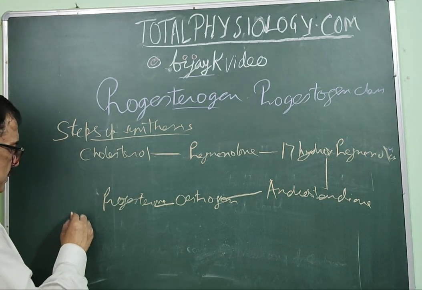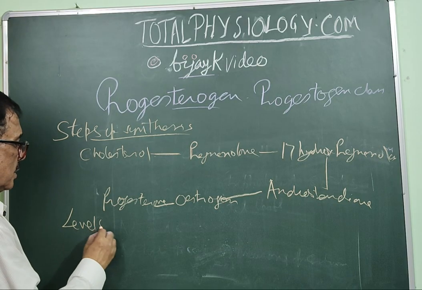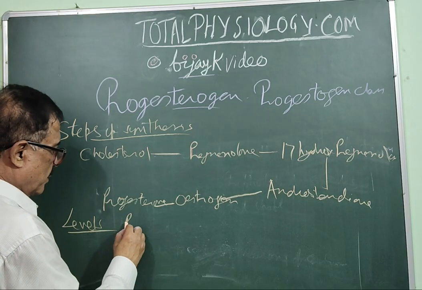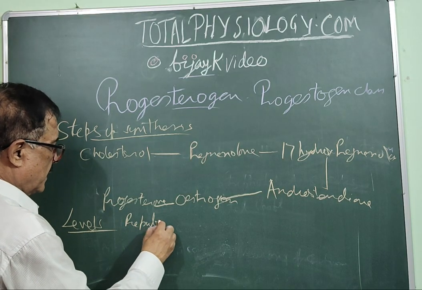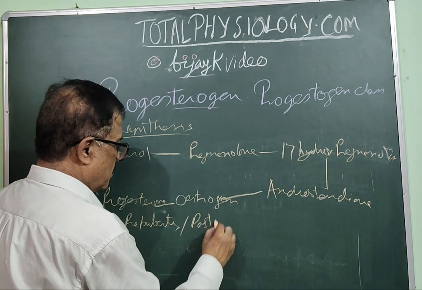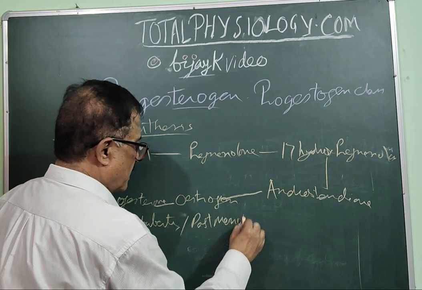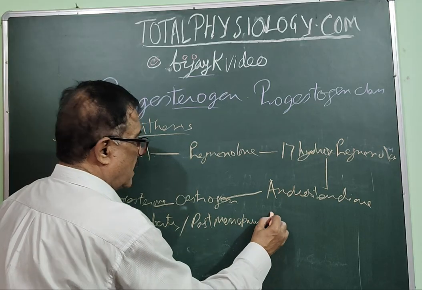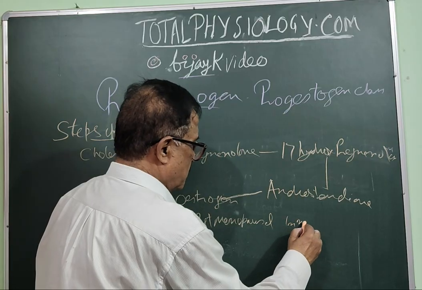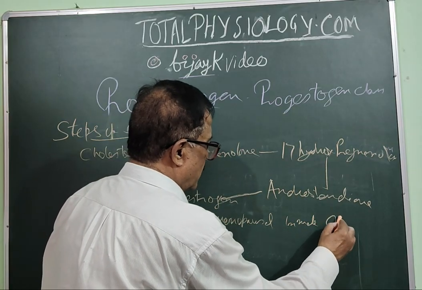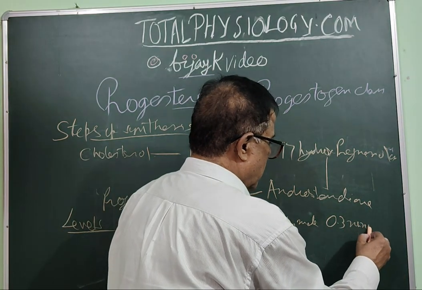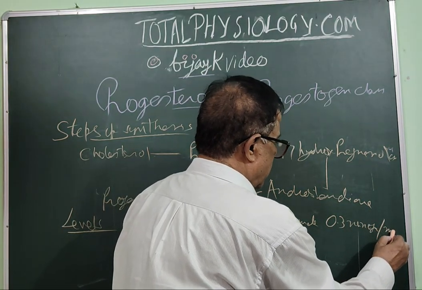Now coming to levels of progesterone. In pre-puberty, postmenopausal, and in males, it is only 0.3 nanogram per ml.